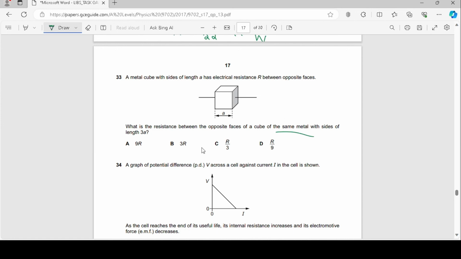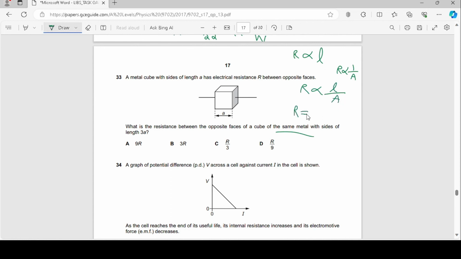Resistance is directly proportional to length, and inversely proportional to area. So resistance is directly proportional to the length over the area.